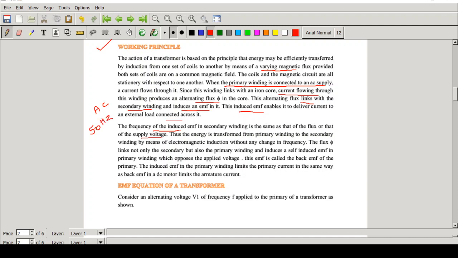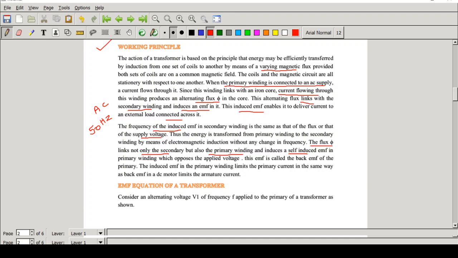Now when I talked about the alternating flux, due to this alternating flux an EMF will be induced in the secondary. Now what about the primary? This flux phi is produced due to the flow of current in the primary winding. Now this flux phi links not only the secondary winding, it will link also the primary winding. That means an EMF will be induced in the primary winding also.